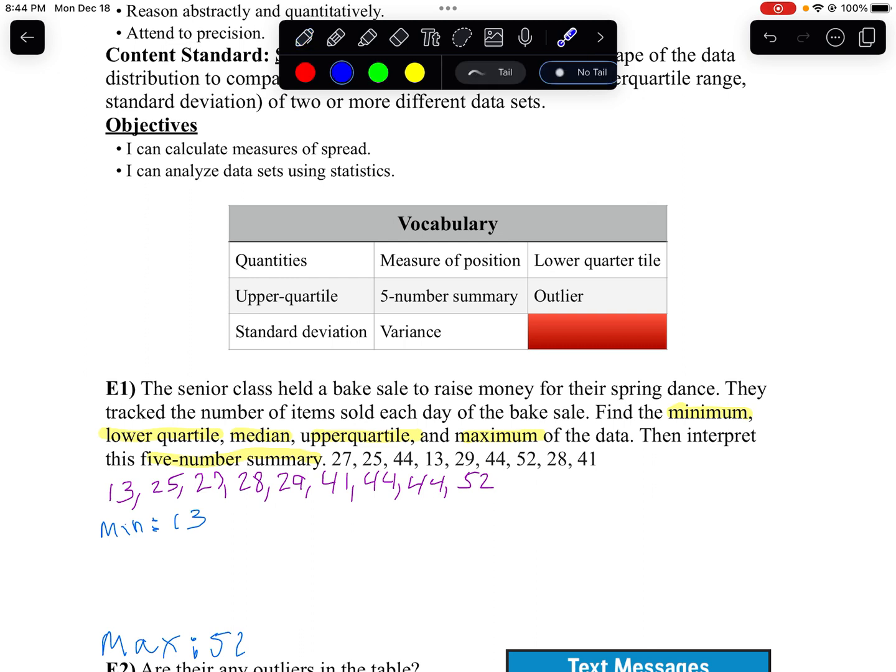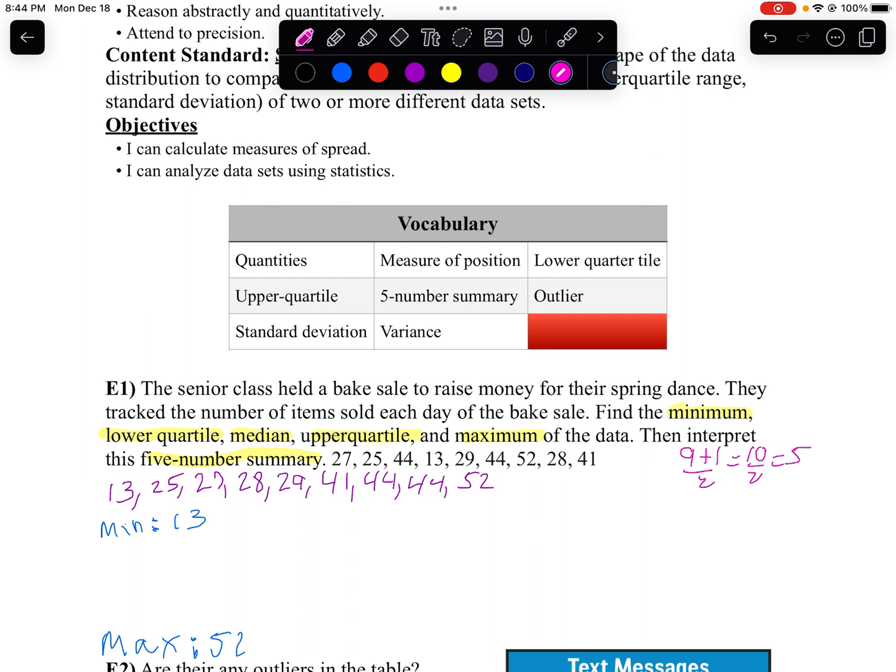Now, if we count, we have 1, 2, 3, 4, 5, 6, 7, 8, 9. To find the position of our median, I'll do some scratch work. I'm going to take 9 plus 1 divided by 2. 10 divided by 2 is 5.